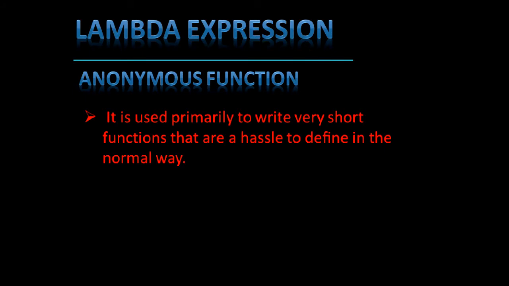It is used when you have a hassle defining a function in the normal way. That means if you have difficulty working out how to define and use a function, you can use a lambda expression in its place, and that will be easy.